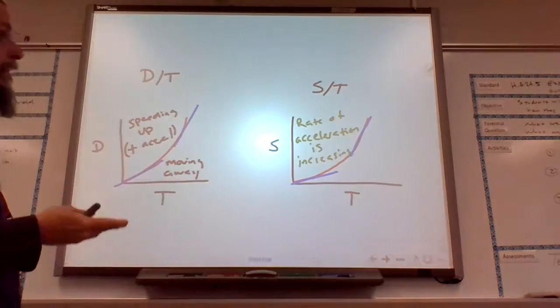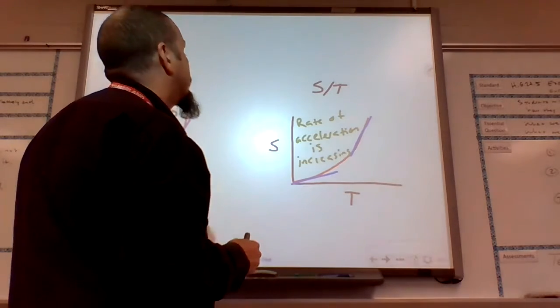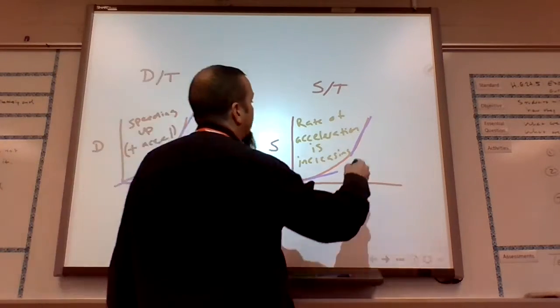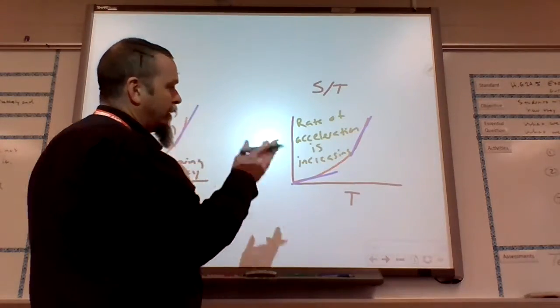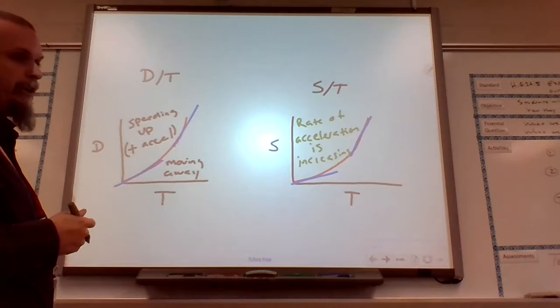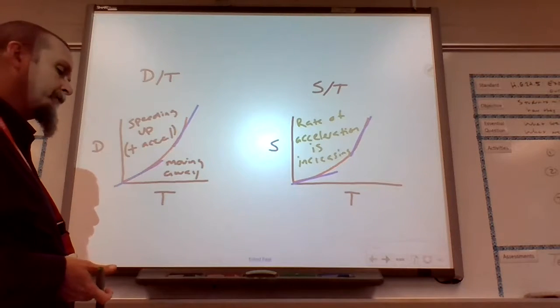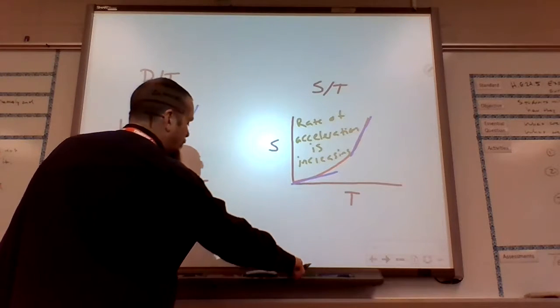So it's accelerating, it's positive acceleration because the slopes here would be positive. So we can say it's a rate of positive acceleration if we want to. Line going up is positive. But that rate of acceleration is changing. It's starting off with a low acceleration, then it's picking up acceleration as it goes, going faster and faster and faster.